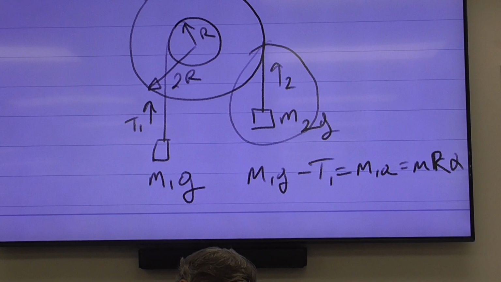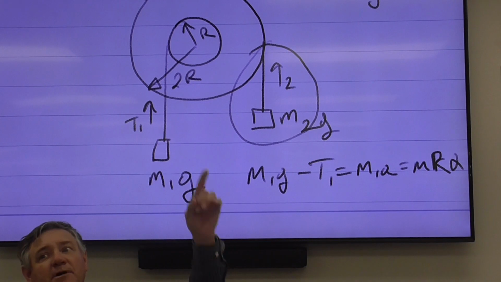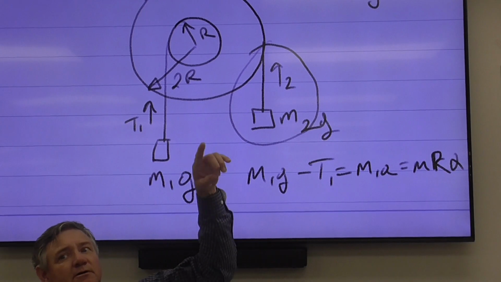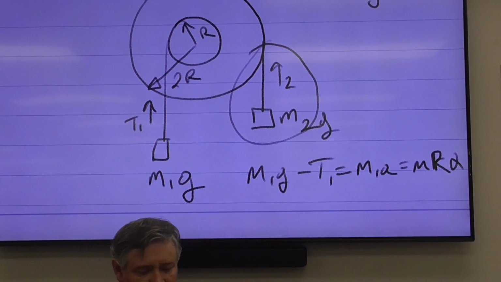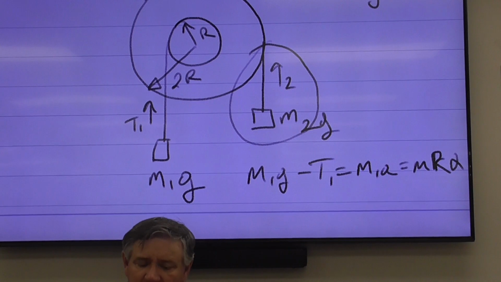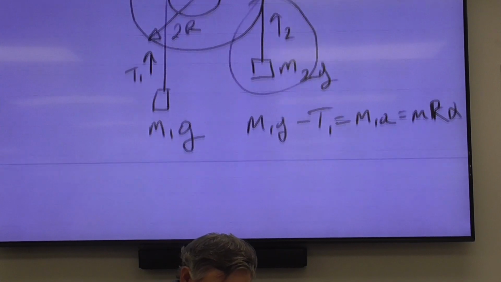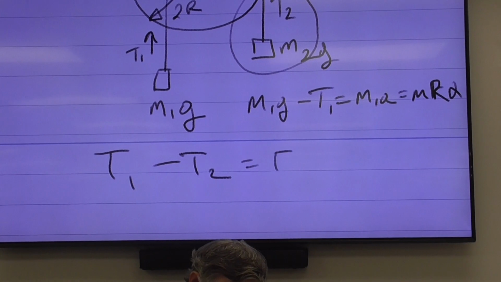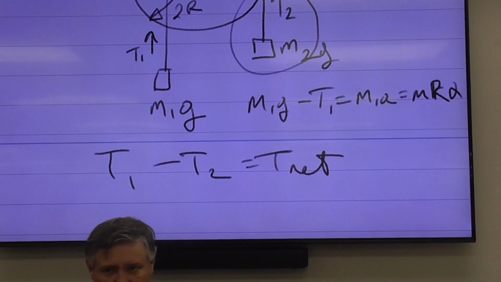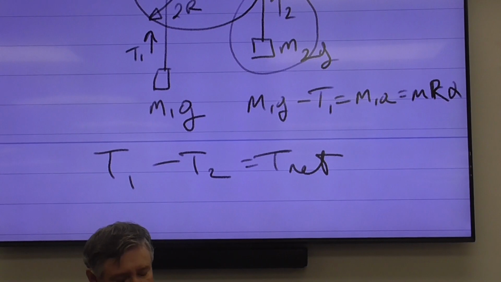So this is T2 minus M2G equals M2A, but instead of A, I'm going to put R2 alpha. At the end of the day, you need to find a net torque. You need to find the difference between torque 1 and torque 2, which gets you torque net.